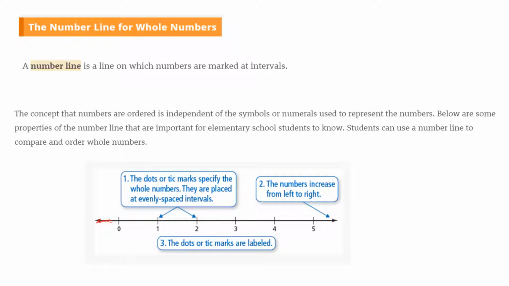These tick marks tell us where each interval is, and it has to be in increasing order. So you make the tick marks and then you label them, but they have to be labeled in increasing order.